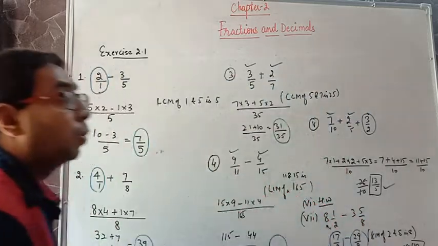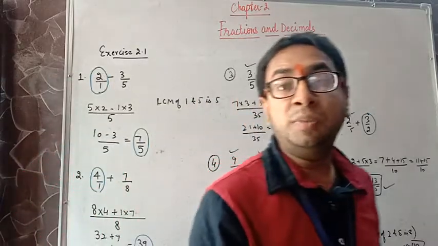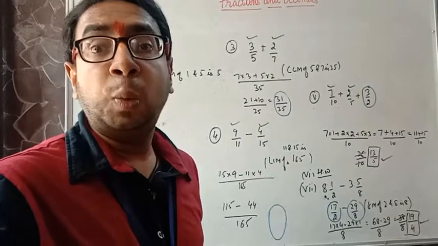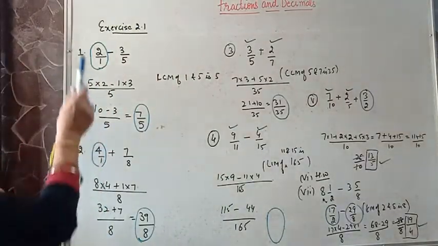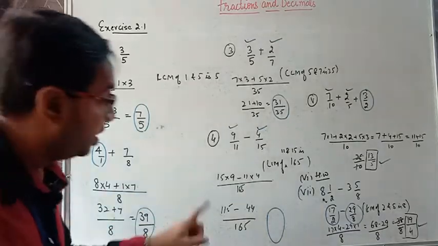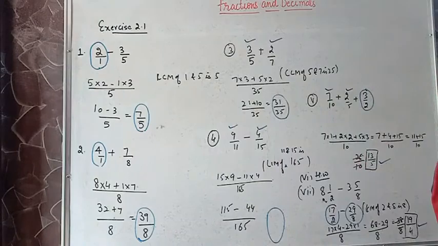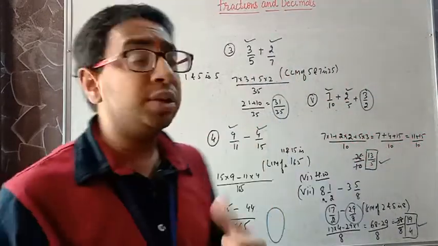What do you observe from this? It's very, very important. If one of the factors is improper, the answer will definitely be improper. If even one of the factors is improper, the answer is definitely improper. Are we clear? One conclusion.